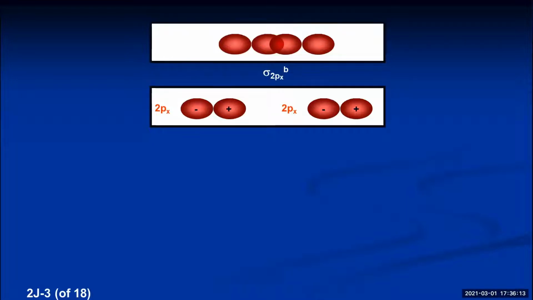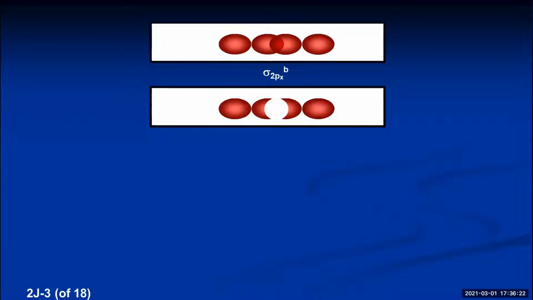So when those two lobes overlap with each other, they cancel out the ability of the electron being found in that position, and you wind up getting a big hole right in the middle of the orbital. That's going to be an anti-bonding orbital. It's still sigma symmetry because it's still perfectly symmetrical around the internuclear axis. It's called sigma 2px anti-bonding. And this is how the 2p orbitals on the x-axis combine to make a bonding and anti-bonding molecular orbital.